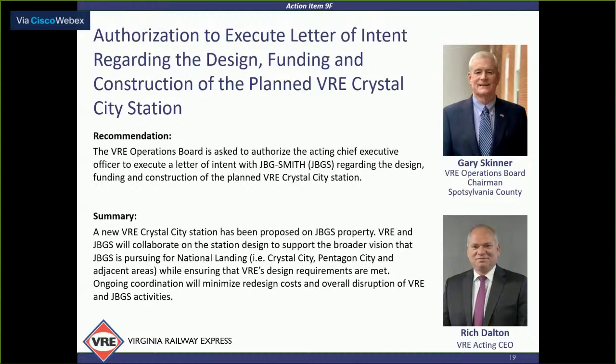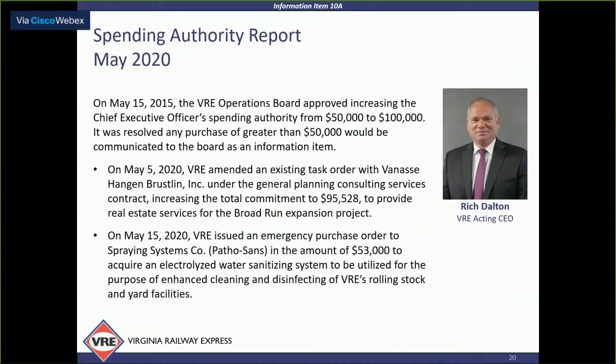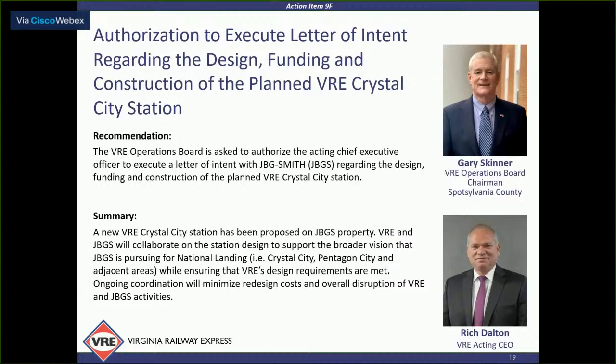The new VRE Crystal City Station will be constructed adjacent to existing developments and on JBG Smith property. This is a non-binding letter of intent that provides a formal process for both JBG Smith, VRE, and other stakeholders to collaborate on the station design to support the broader vision that JBG Smith is pursuing in the immediate area, or the National Landing area for those that are familiar with that area, while ensuring that VRE's design requirements are met.